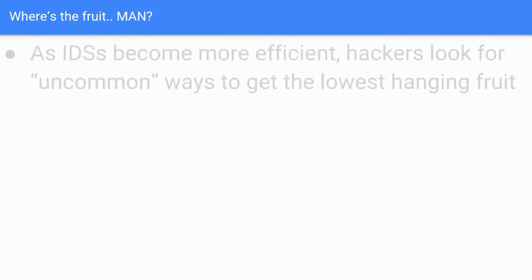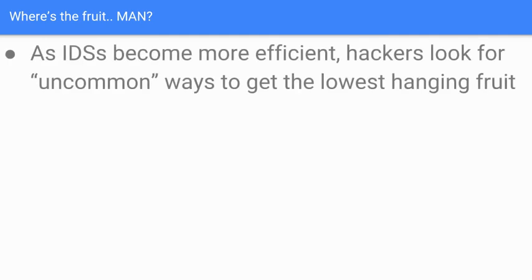So where's the fruit? As IDSs become more efficient, and the technology behind them is starting to really pick up, hackers need to start looking for uncommon ways to get the lowest hanging fruit. IDS systems are starting to pick up SQL injection a lot more easily, so a lot of these things are becoming more difficult for hackers to get in.